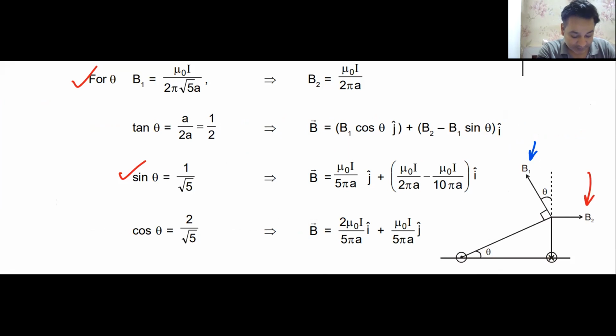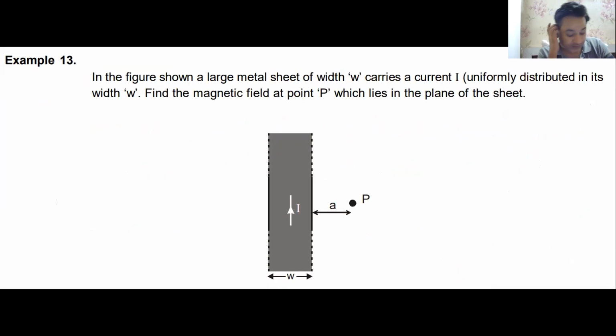Remember, this might be a question, but you will have to remember this. This is the magnetic field due to a sheet of width W. You must remember this is a standard result. I hope you know the answer for this one. What is the answer for this one?